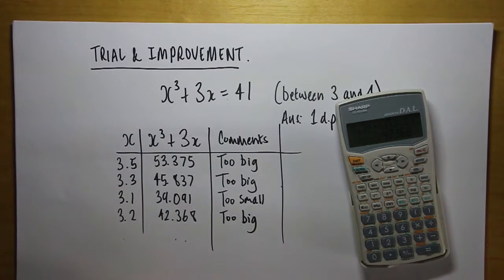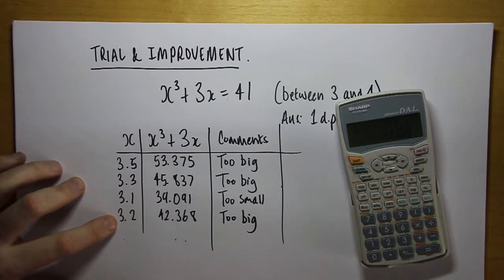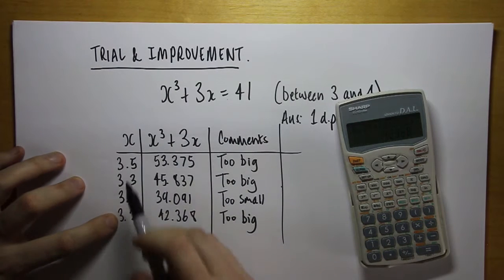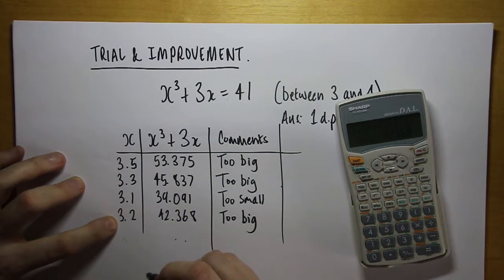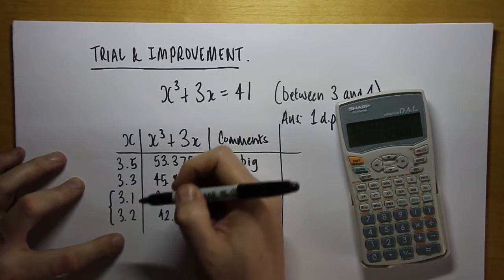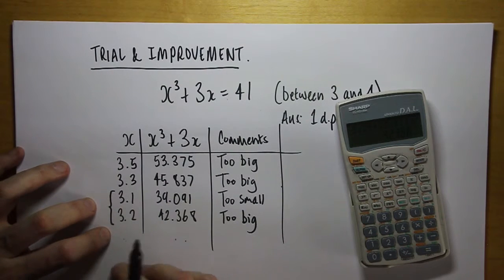Now, if 3.1 is too small and 3.2 is too big, it's somewhere between there. And so of these values on the left, we're looking for 2 consecutive values. So we want 2 values that are next to each other, and we're going to use them in the next step, the final step.